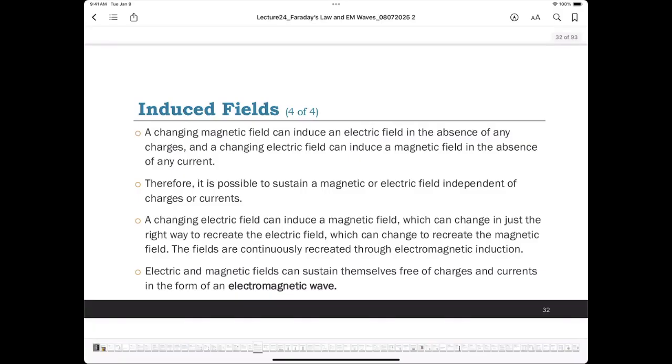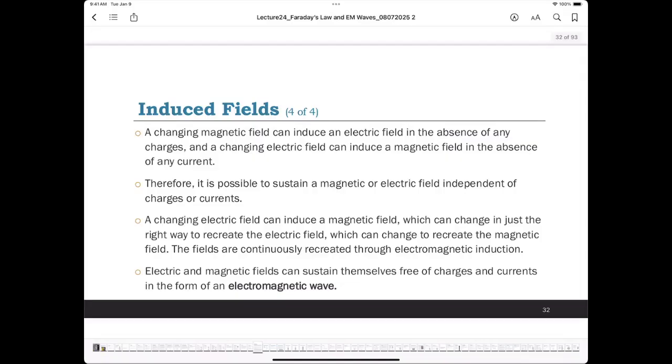A changing magnetic field can induce an electric field, which can change in just the right way to recreate the magnetic field. The fields are continuously recreated through electromagnetic induction. Electric and magnetic fields can sustain themselves free of charges and currents in the form of an electromagnetic wave. This is the summary we get from what we observe.